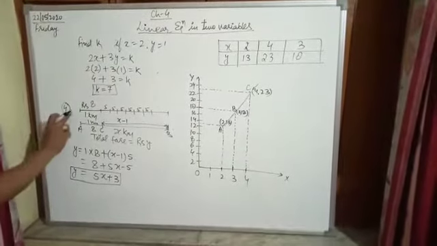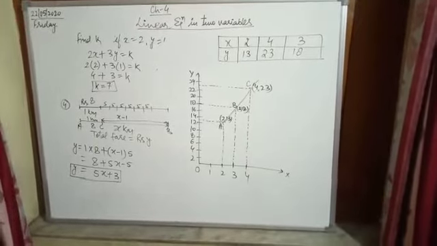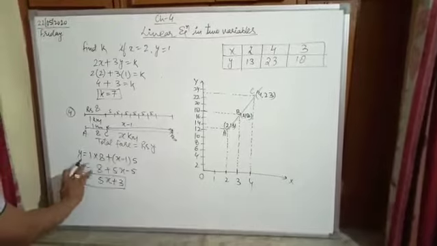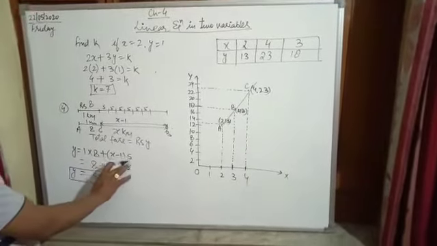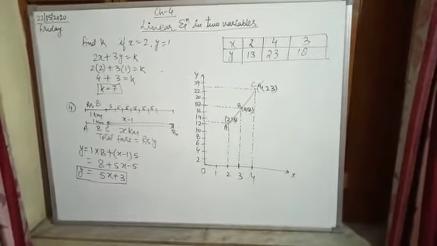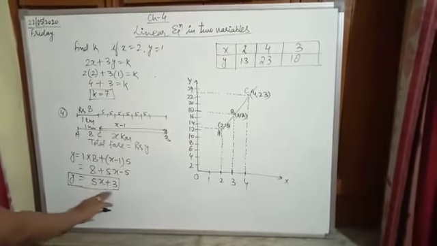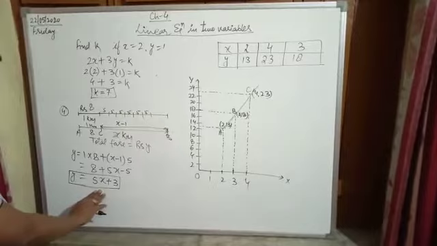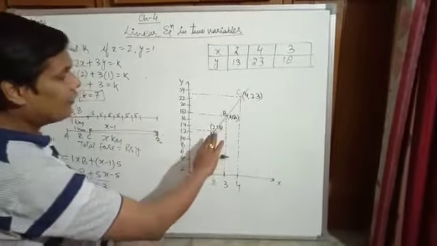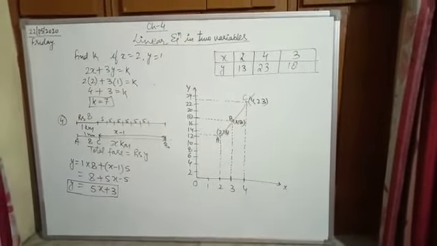Understand? Firstly, make the linear equation in two variables. The equation is y equal to 1 into 8 plus x minus 1 into 5, or y is equal to 8 plus 5x minus 5. We are getting y equal to 5x plus 3. With the help of this equation we have drawn this graph, which represents the straight line.